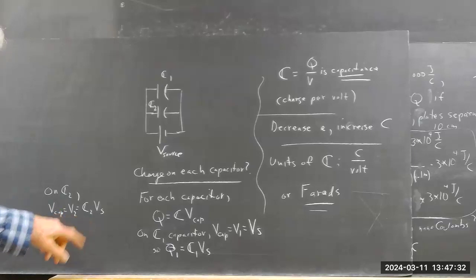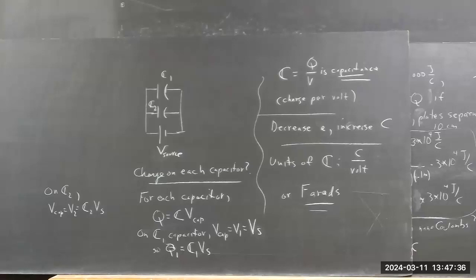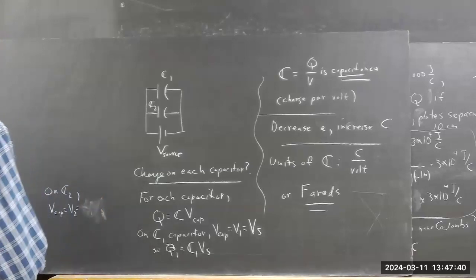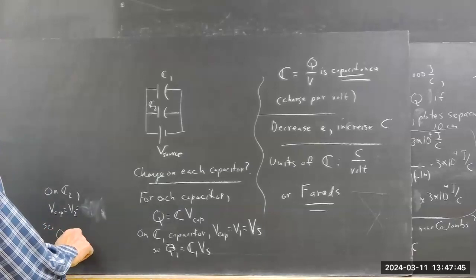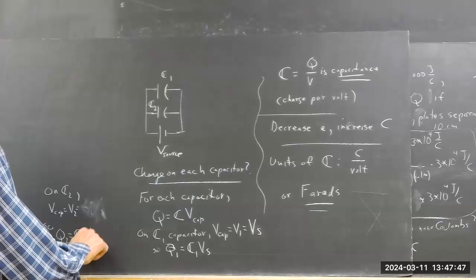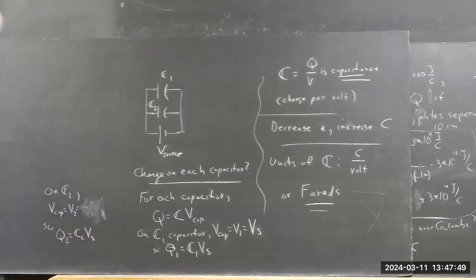The voltage across this capacitor is C2 times the voltage of the source.